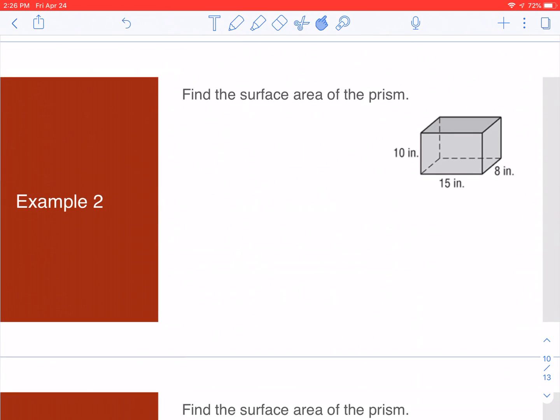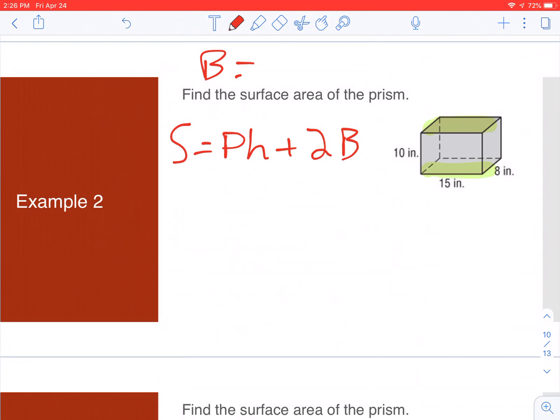Okay? Now we have the surface area of a prism. Many of you already know how to do this just by looking at this, but I'm just going to use our formula just to practice. What's the area of the base of this? Well, we can call our base, just to make it easy, this rectangle and this rectangle. So the area of the base is length times width, which is 15 times 8, which is 120.